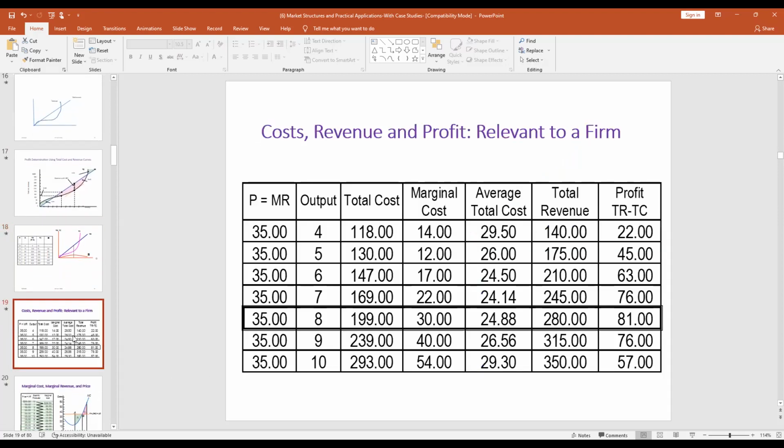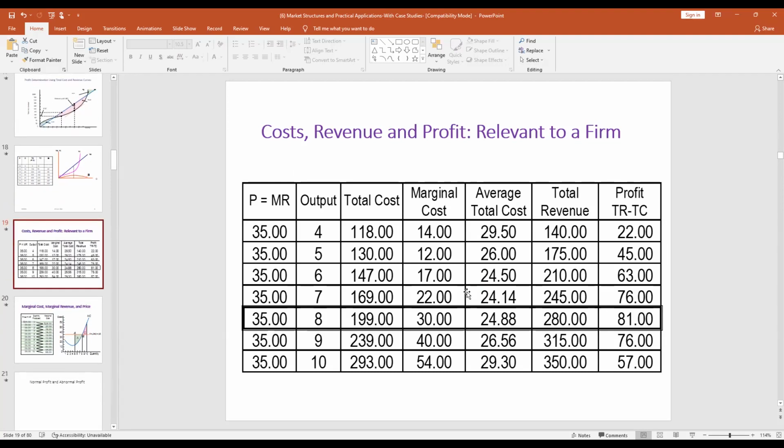Look at the profit reaching the highest level. After that, profit is going down, 76 to 81, 81 to 76. Profit is TR minus TC. So you can see these situations.